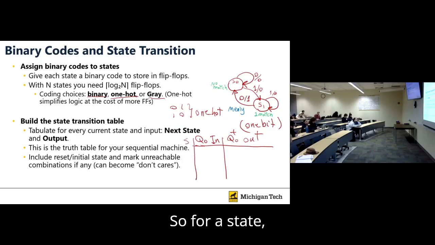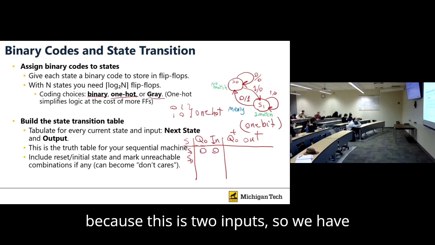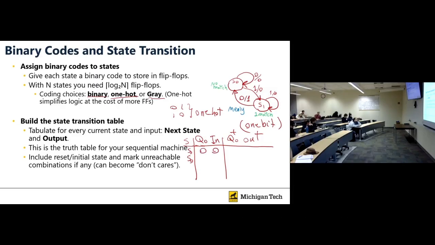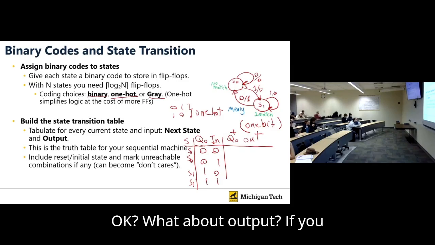So for state S0, because there are 2 inputs, we have 0, 0, 0, 1, 1, 0, and 1, 1. 0, 0 is state 0, and S1 is state 1. Okay? What about output?